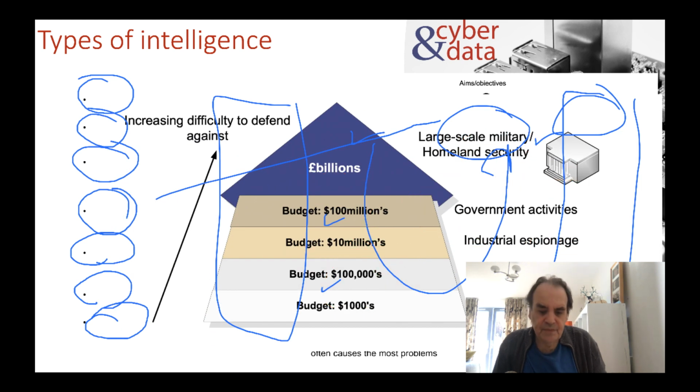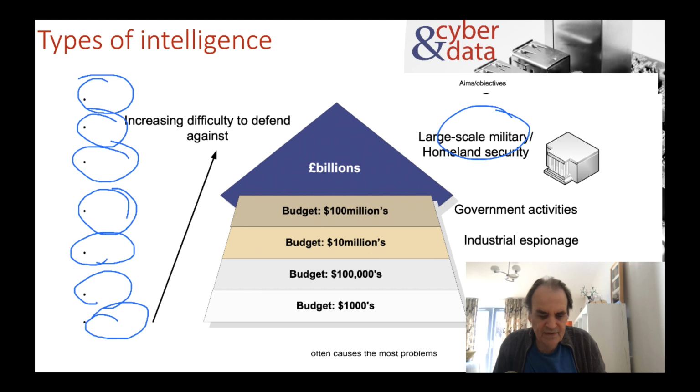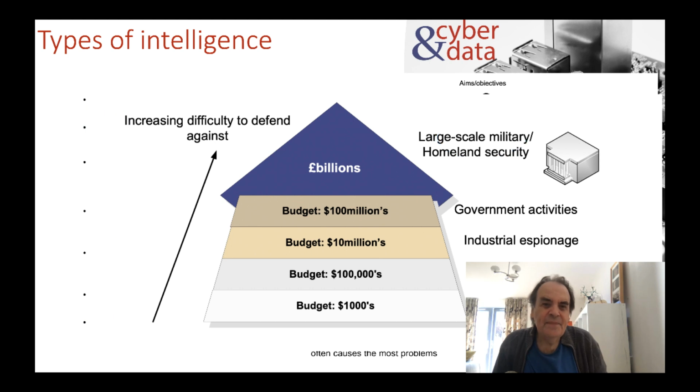Our adversary themselves, well, they could have various levels of budgets. So a home user might have a budget of just thousands. A professional data miner will have possibly a larger budget to be able to capture data. Industrial espionage, the stealing of IP, might have an even larger budget.